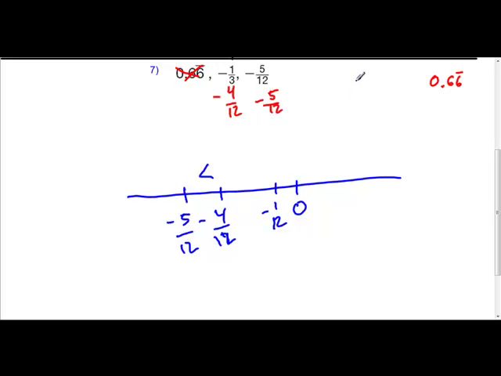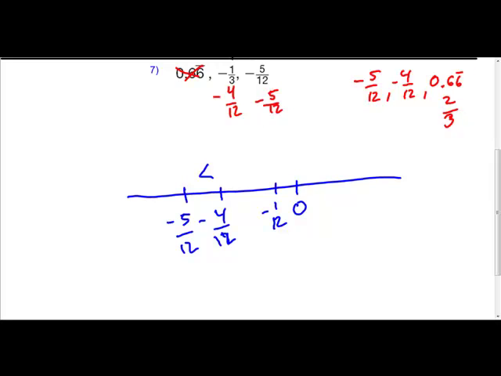So my lowest number in this series is negative 5/12. After that is negative 4/12. And after that is 66/100 or 2/3.